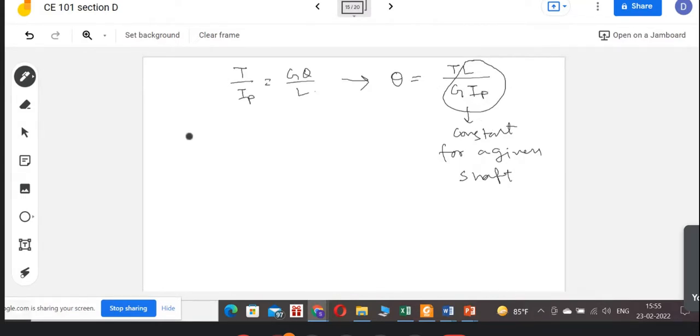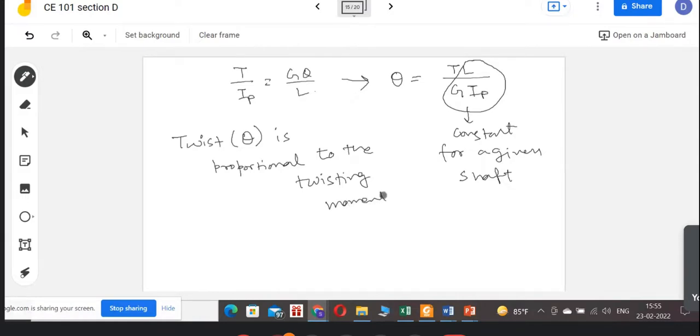Then this twist, that is the angle change, is proportional to the twisting moment, that is T. But that is only for a given shaft. This twist is proportional to the twisting moment.